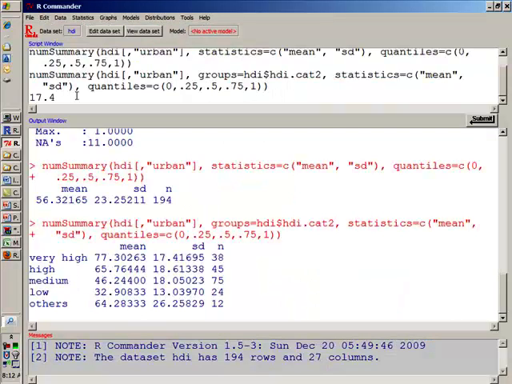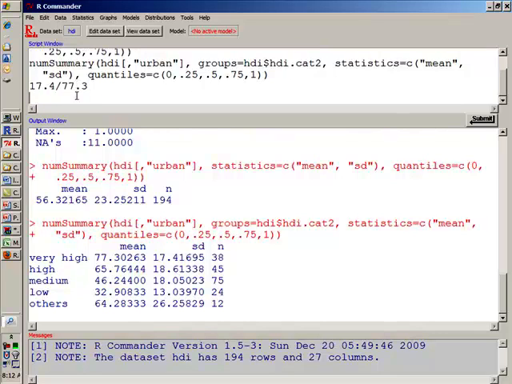So the standard deviation is 17.4 and the mean is 77.3, and I compare this against the low developed countries, where the standard deviation is 13.03, which you can see from the table, divided by the mean value, which is 32.9.